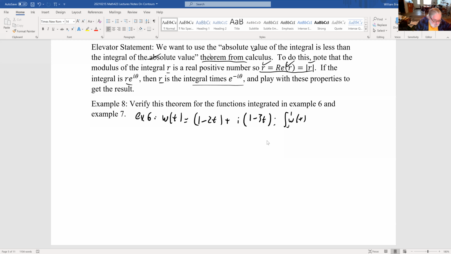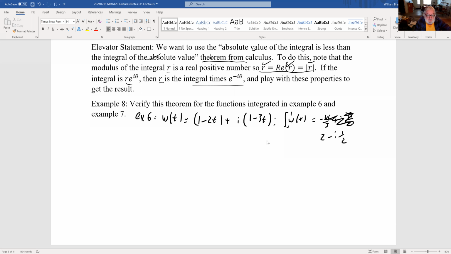It was minus 4/3 plus i pi over 2, I think. Check that real quick. Oh, 2 minus i over 2. Sorry about that. That was what that was.